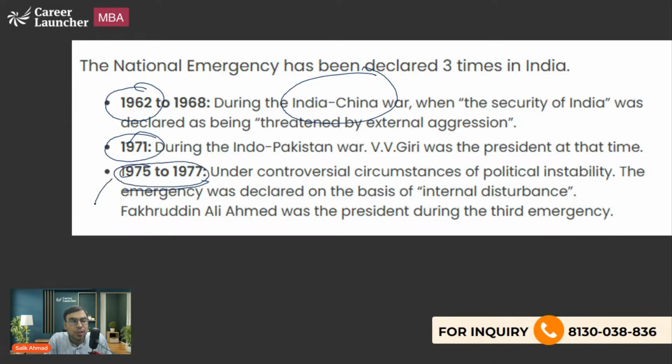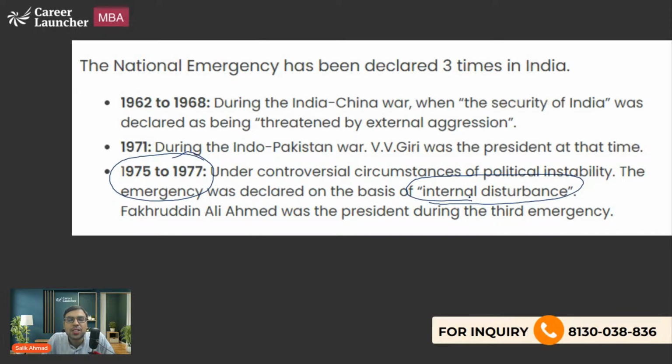But the last one was criticized much more, because the first two were due to war. So it was an external emergency, and people can say that was required, so it can be justified. But the third one used the term internal disturbance. It is said that perhaps Indira Gandhi ji misused this. It was not required, but she imposed emergency, and that is why this emergency is being criticized a lot.